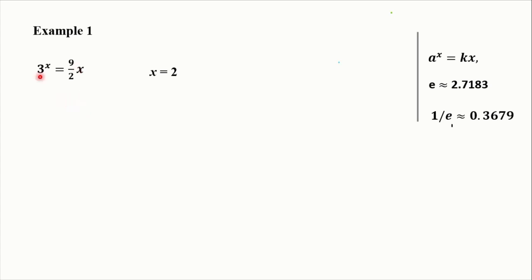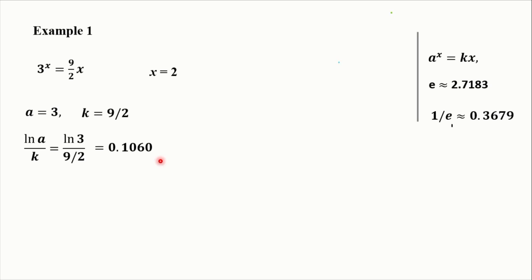So we compare this equation with the initial one, and we can see that a in this equation equals 3, k is equal to 9 over 2, and the parameter ln a over k equals ln 3 divided by 9 over 2 and equals this number.